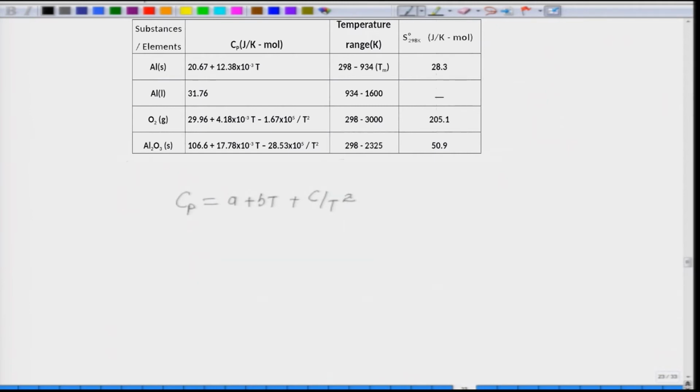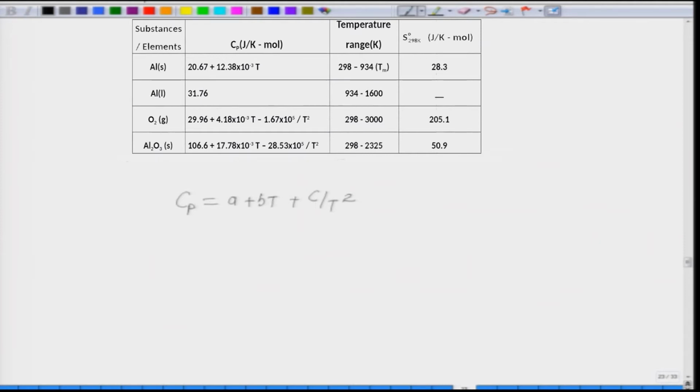So, for example, I have listed Cp's for some of the materials. You can see for aluminum solid the heat capacity is 20.67 plus 12.38 times 10 to the power minus 3 T. So, the value of A here is 20.67 and B is 12.38. If you look at oxygen gas, the value of A is 29.96, B is 4.18 times 10 to the power minus 3, and C is minus 1.67 times 10 to the power 5.